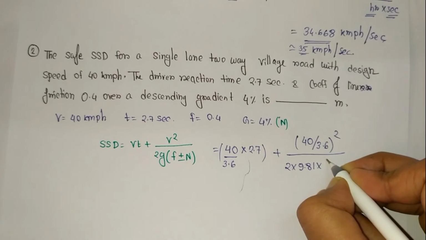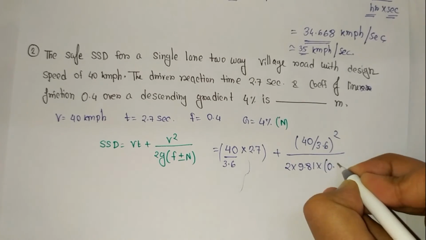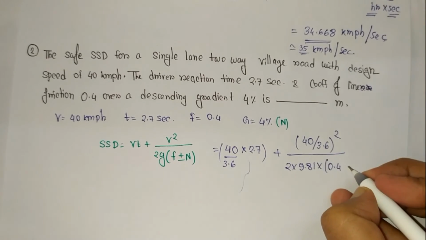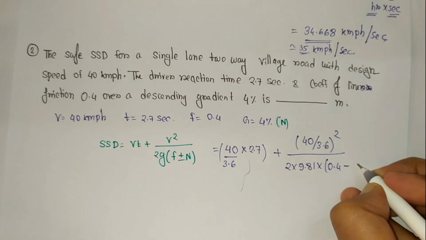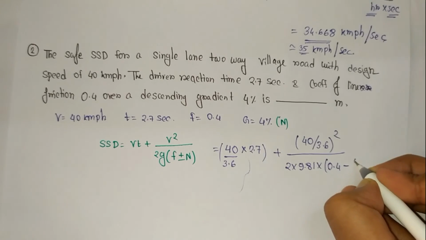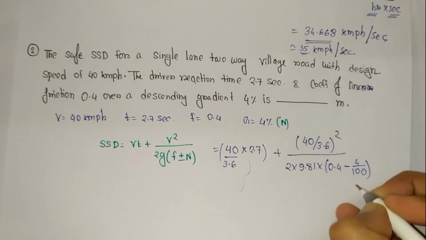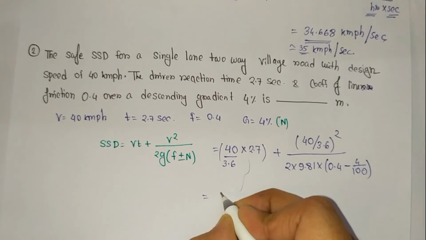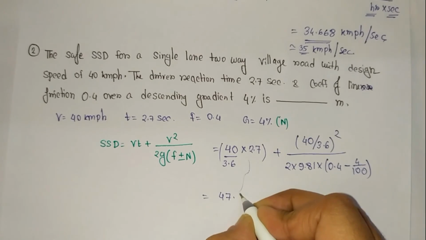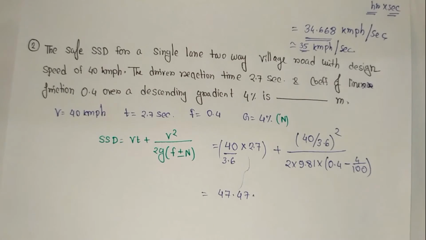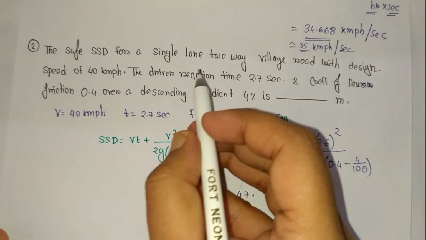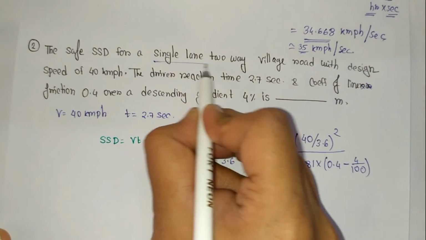Here friction is given 0.4, and for a descending gradient we will choose the minus sign, and the gradient value is 4%, that means 4 by 100. If we solve this, it is coming as 47.47.